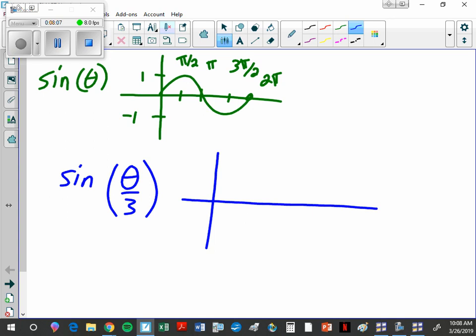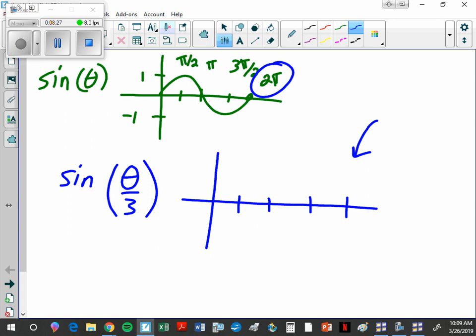Well, you would think that dividing theta by 3 would bring it closer to the x-axis and make the period smaller. But the theta axis works backwards, so it actually makes it 3 times longer. So I put my 4 marks, and this point is normally 2 pi.